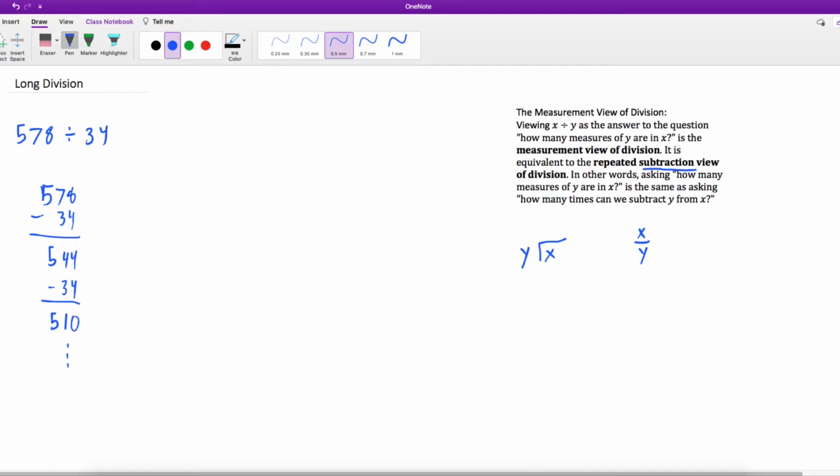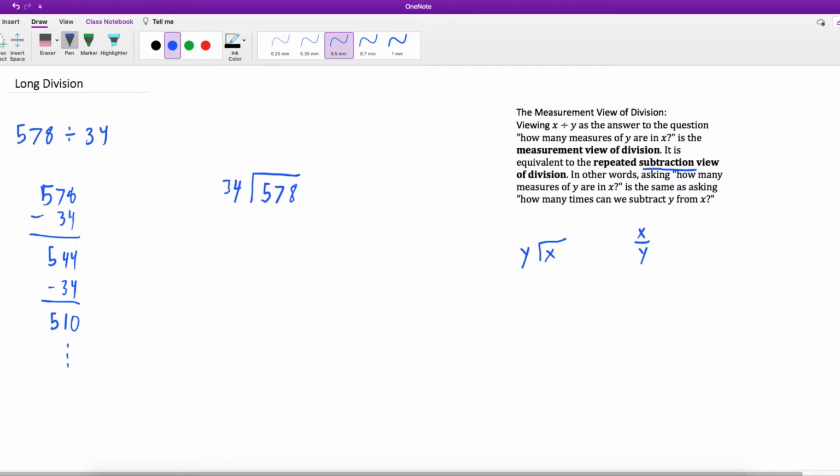So the way long division is actually working, when you put 578 here, and then 34 here, okay? A lot of times people explain this by just saying, how many times does 34 go into 5? And you say 0 times.